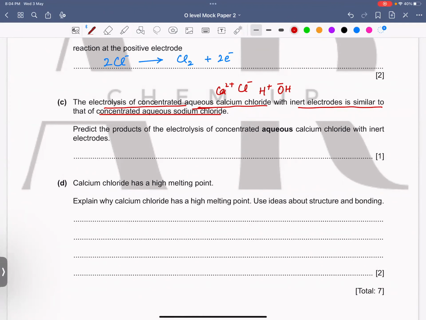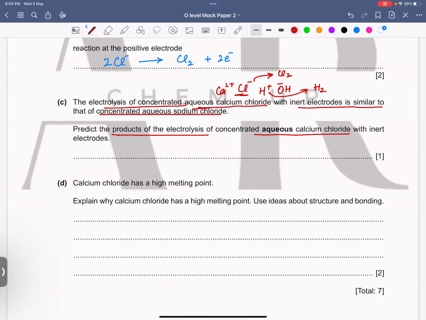Predict the products of the electrolysis. As it is concentrated, the chloride ion will oxidize at the positive electrode, forming chlorine gas, and as it's aqueous and hydrogen is below calcium in the reactivity series, hydrogen would form hydrogen gas at the cathode. So here they have asked you for the products.